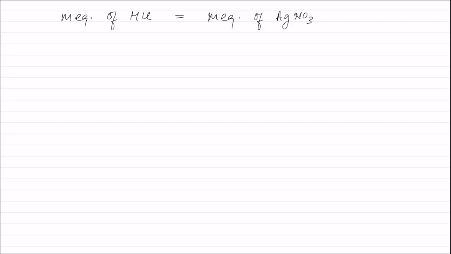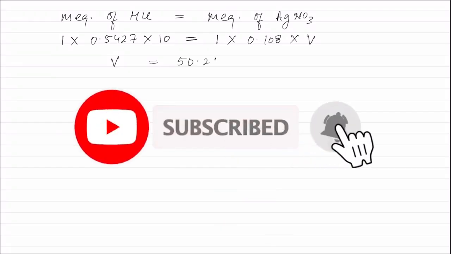Now milliequivalents of HCl will be equal to valency factor of HCl, that is 1, into molarity of HCl, that is 0.5427, into volume of HCl, that is 10 milliliters, and this is equal to milliequivalents of AgNO3, which is equal to valency factor of AgNO3, that is 1, into molarity of AgNO3 solution, that is 0.108 M, into volume of AgNO3 solution, let it be V. Solving this, the volume of AgNO3 solution is equal to 50.25 milliliters.